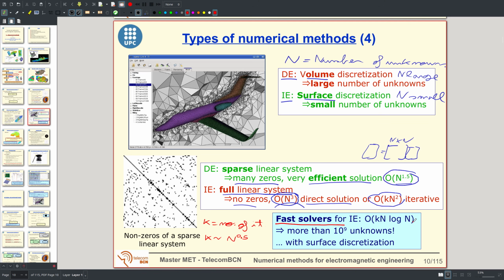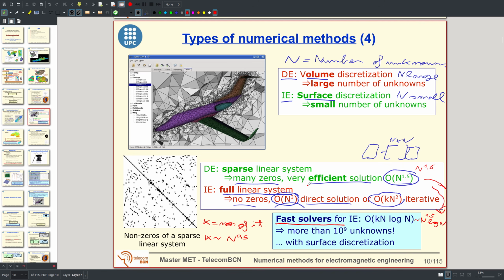So here the order gets n to 1.5 log n. So it becomes comparable for large n. It becomes comparable to n to 1.5.